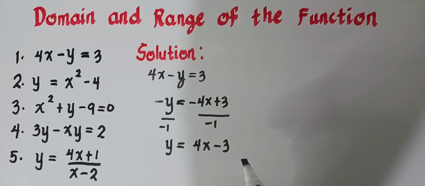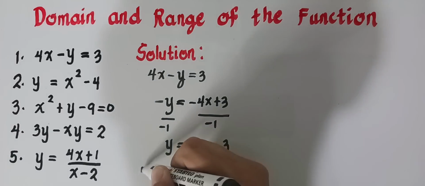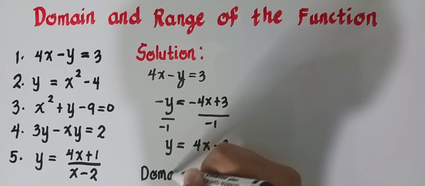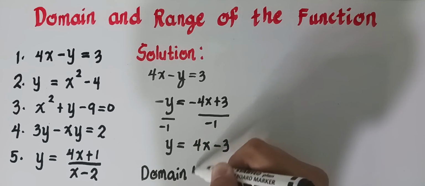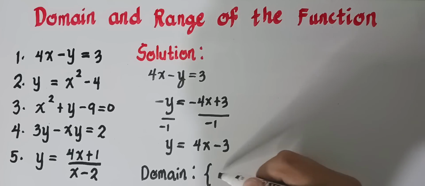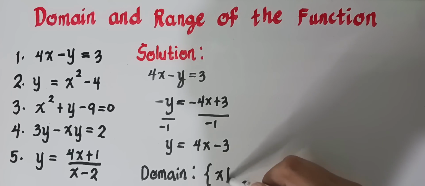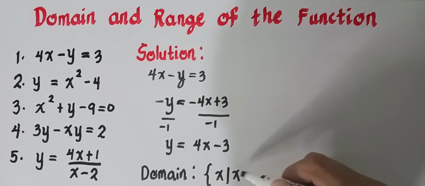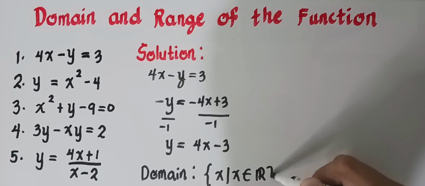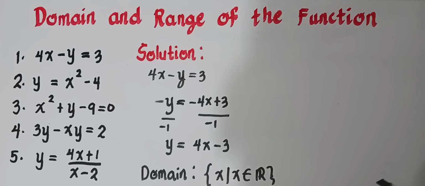So since y is a polynomial, therefore, ang domain natin ay all real numbers. Or in symbols, we can use set builder notation, x such that x is an element of all real numbers. Or in words, all real numbers, since we don't have restrictions here.